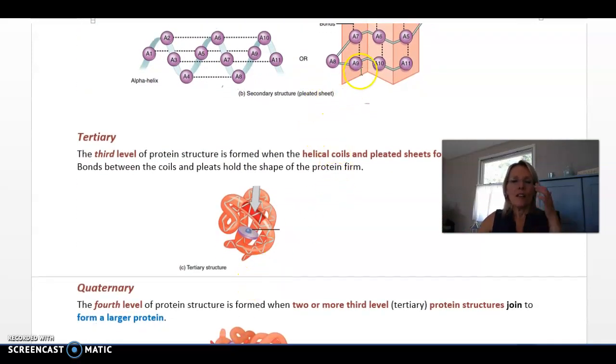Then these secondary levels of protein structure are going to fold again. They fold in on themselves and form the 3rd level of protein structure. Oftentimes it forms this kind of globular shape, but it might form a long linear shape, but it still is a 3rd level of structure. It's the 2nd time the protein is going to fold onto itself.